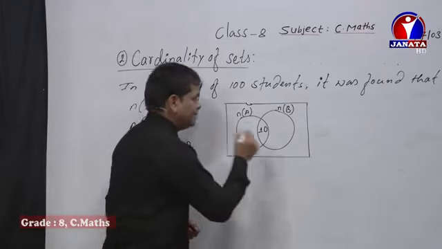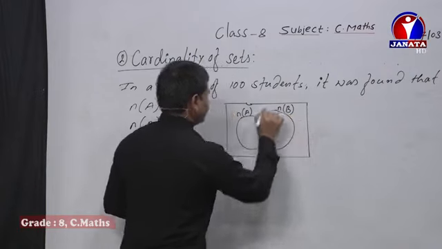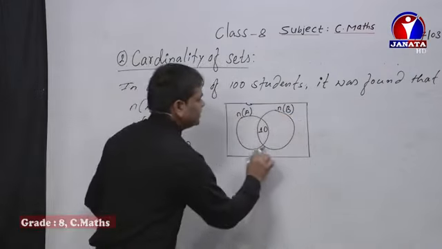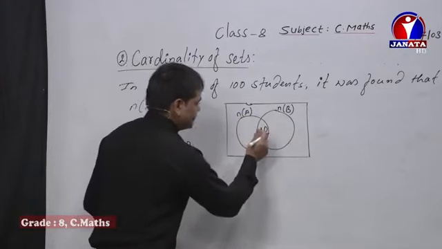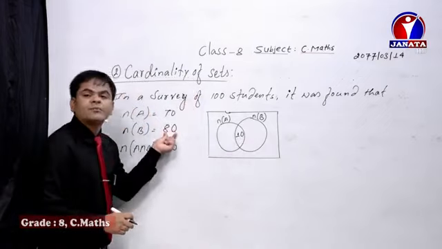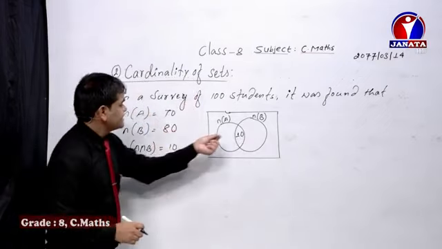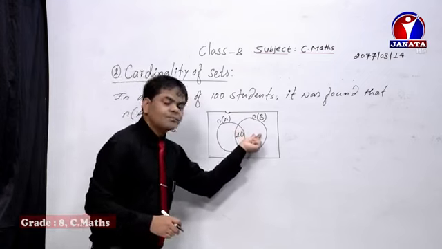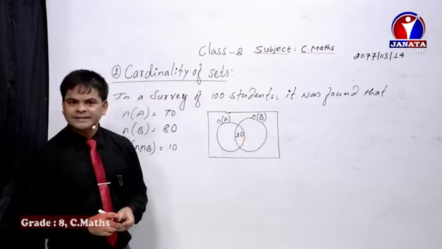Only means, altogether in the circle B, these two places combined, there must be 80. As 10 is already included here, now in the place of this, how much should be included?